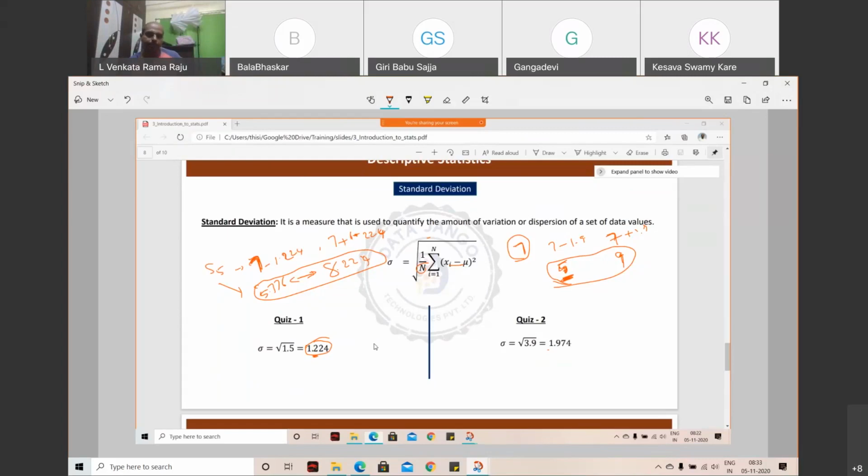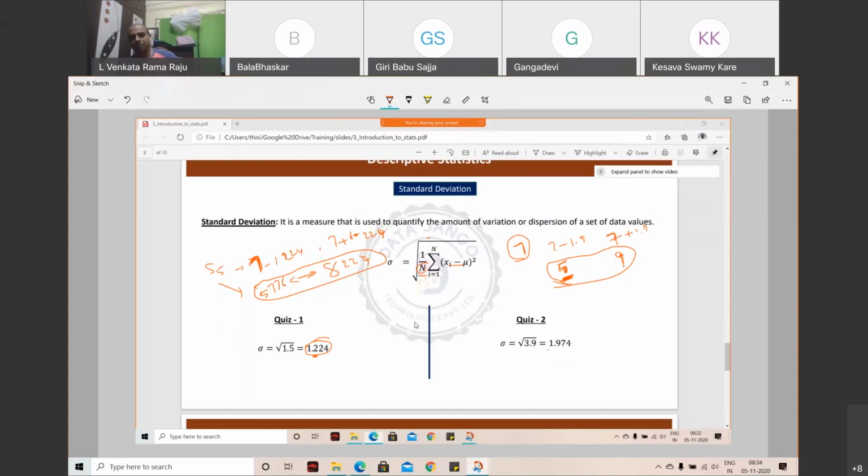I understood that sigma is for population, so the deviation you showed was for a population. I thought there would be a separate formula for a sample. Yes, we'll say s, the square root, and n minus 1. Here, instead of n, we'll have n minus 1.